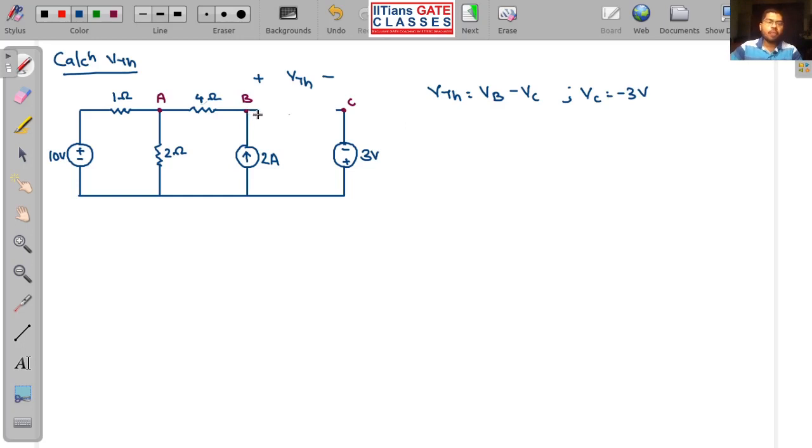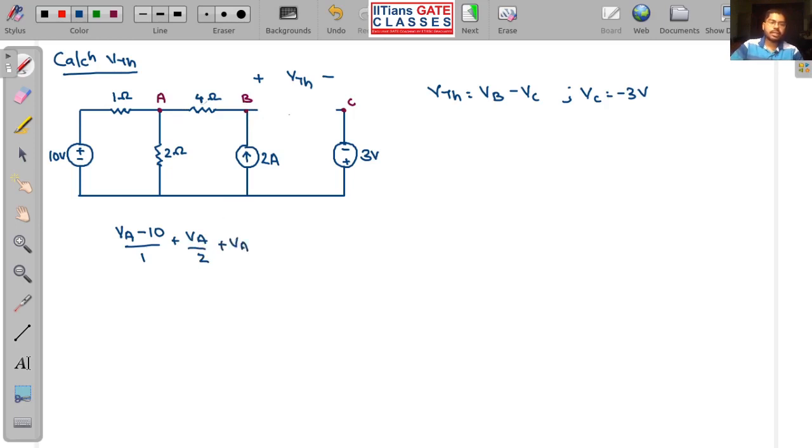VB, what can I say? So simply what I am going to do, I am going to apply a node at this point. Okay, I am going to apply a node at this point. So what it will be? Nodal analysis, VA minus 10 by 1 plus VA by 2. What about this point? What should I write? VA minus VB by 4.